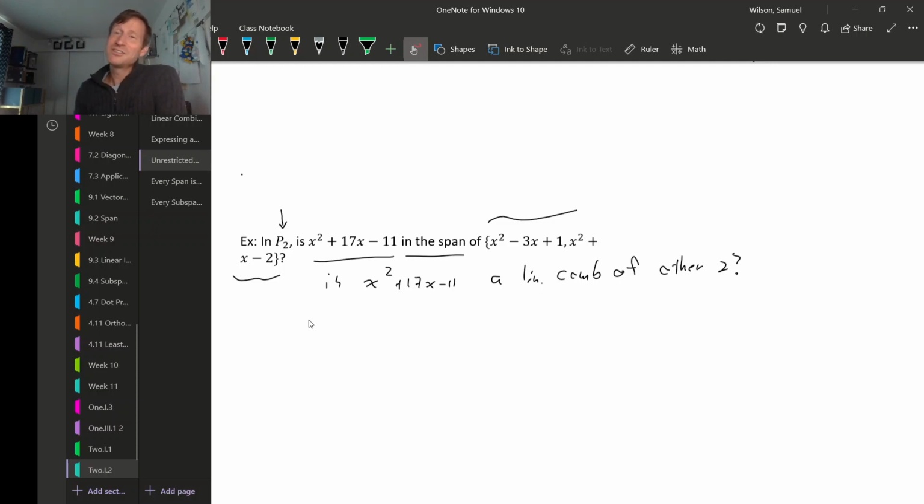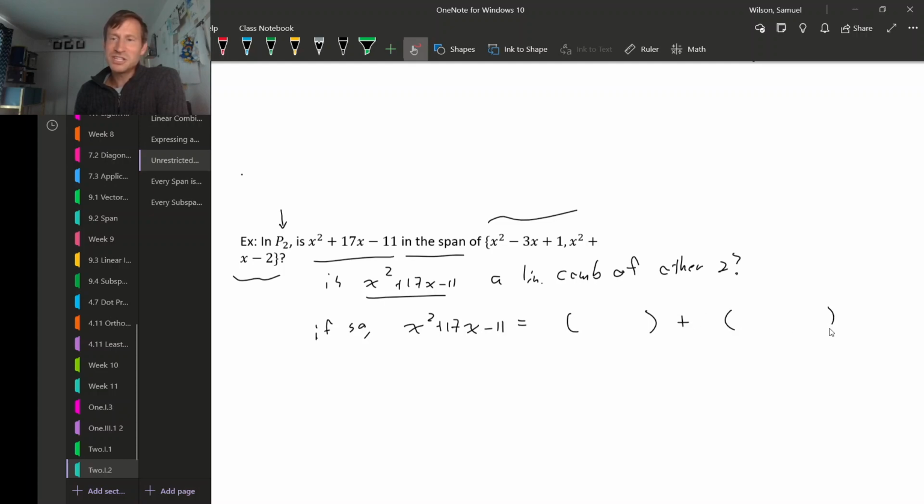Well, as usual, everything will come down to solving a system of linear equations, but let's see why that is the case. So if our quadratic is in the span of the other two, then that would mean that x squared plus 17x minus 11 is equal to a linear combination of the other two.